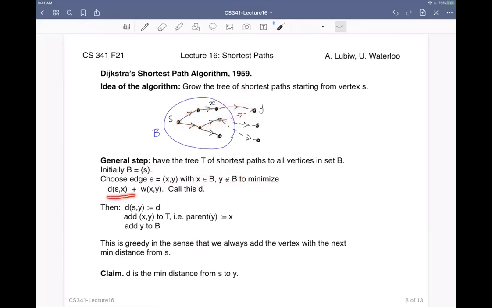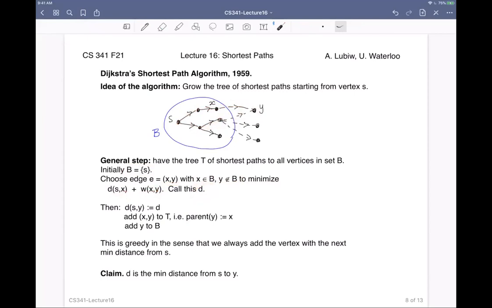And out of those various possibilities, I'm picking the shortest path that does that. So I'm minimizing over all possible pairs XY, satisfying this. I'm minimizing the distance from S to X, which is something I know already because X is in B, plus the weight of the one new edge that goes outside B to vertex Y. I'm going to call that number D for now, okay?